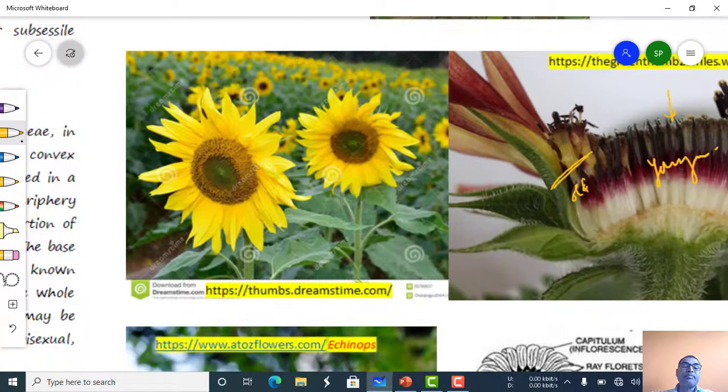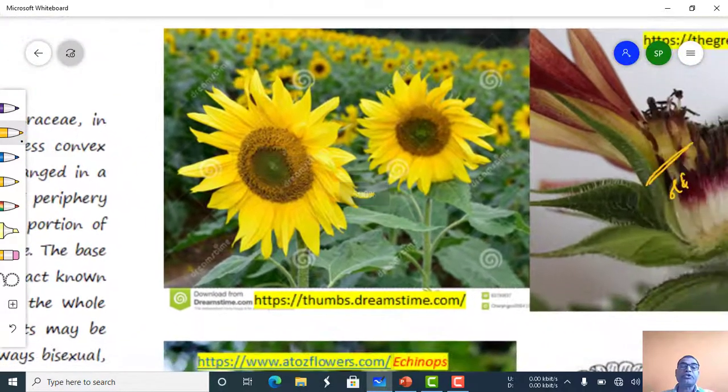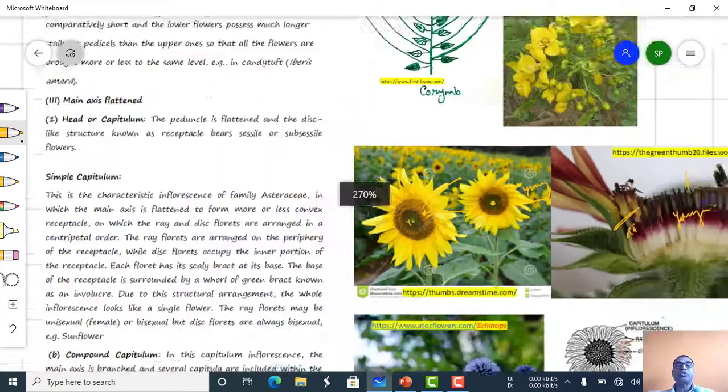Or if you see this picture of a sunflower, these are actually the bloomed flowers, while here young flowers or flower buds are present. These buds are present in the center. So this is the central region where young flowers are present, and the peripheral zone where old flowers are present.